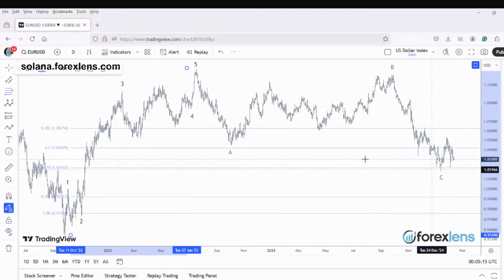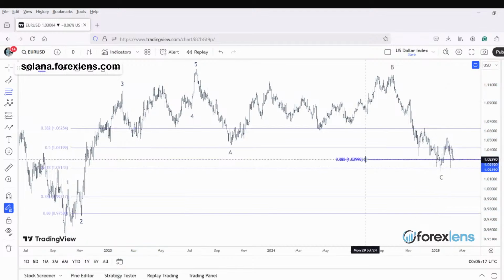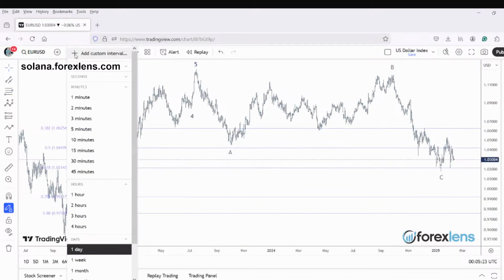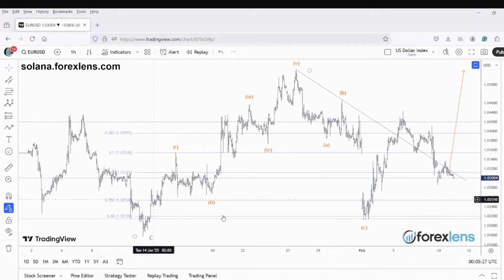Thereafter, we've gotten a little impulse rally of a lower degree, of a minute degree, sorry. There you are. That's 1, 2, 3, 4, and 5, followed by a corrective decline, ABC, zigzag as well. Or, you know what?